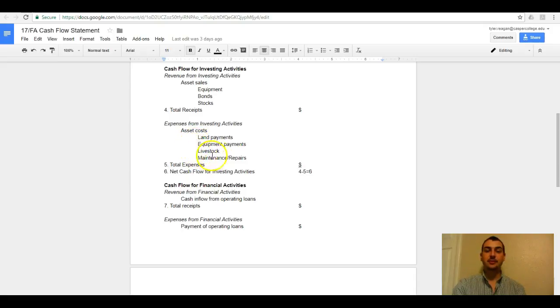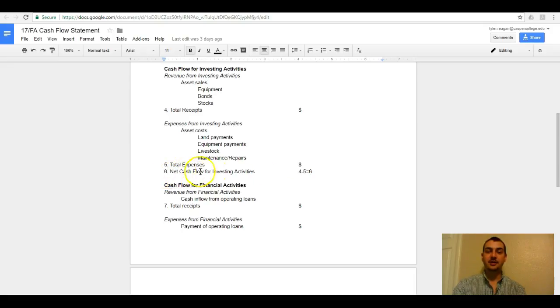So the purchase of, say, breeding livestock would go under expenses from investing activities. Maintenance and repairs on equipment, that is all investing activities. Things of that nature. And again, you'll add up all of your asset costs, your expenses from investing activities, and then to find the net cash flow from investing activities, you take line 4, which is the total receipts from investing activities, minus line 5, which is the expenses from investing activities.